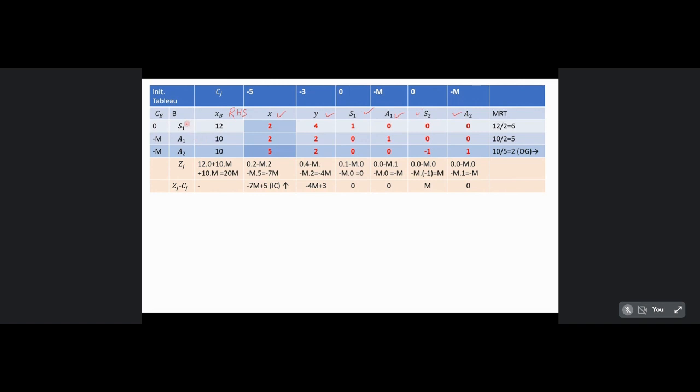Or as we discussed in the first equation, s1 is your basic variable যার magnitude or contribution towards z is 0 per unit of inclusion.